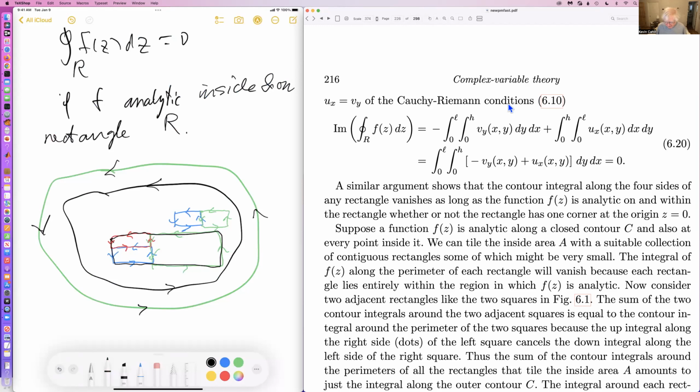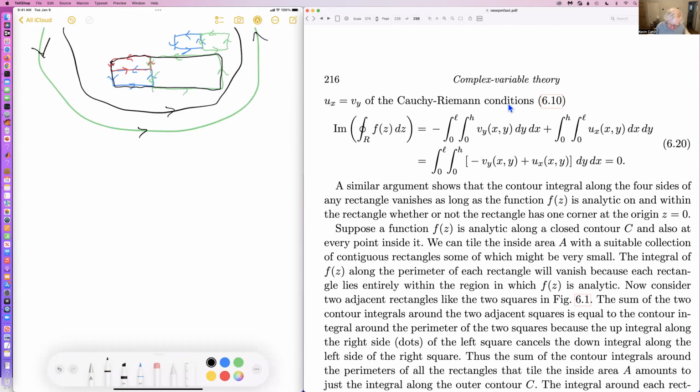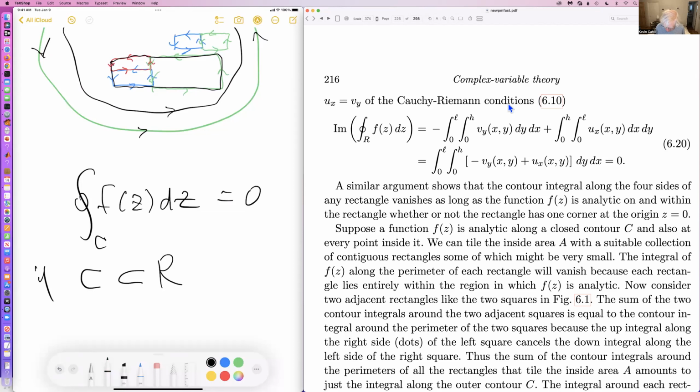All the line integrals vanish except the outer line integral, and that one therefore vanishes. And so the result is that the integral of f of z dz equals 0 as long as C is inside a region of analyticity.